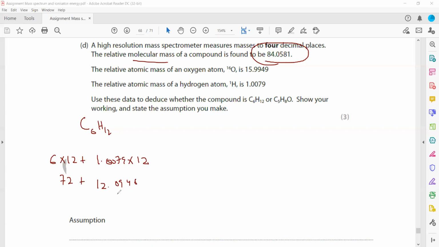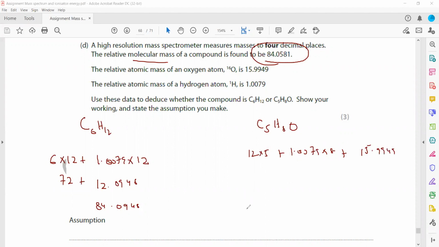When I add 72, it will be 84.0948. And when we calculate for C5H8O, it will be 12 multiplied by 5, plus hydrogen 1.0079 multiplied by 8, plus oxygen, only one oxygen is there, that is 15.9949.